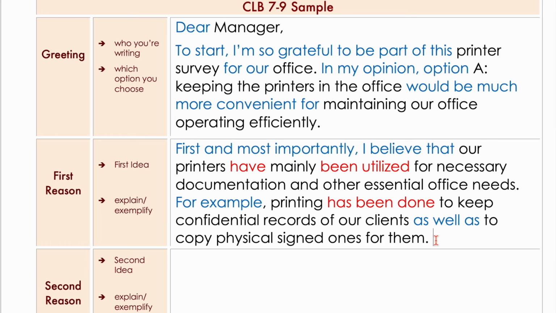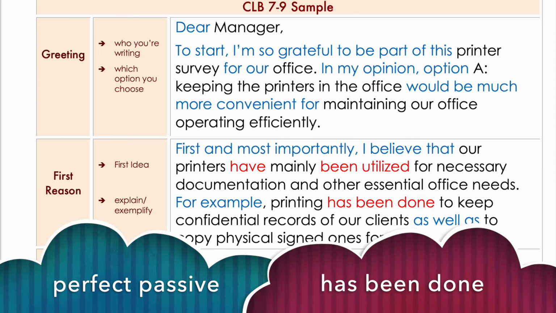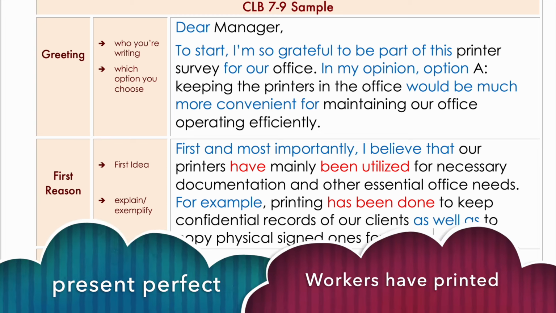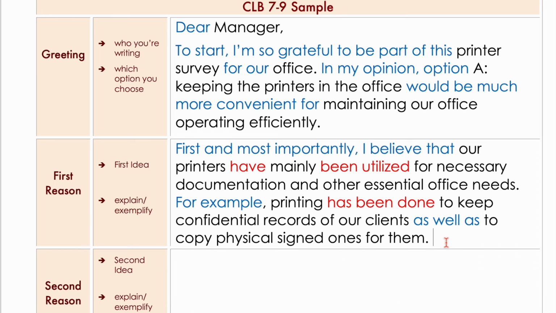And again, in here, we're using passive form, has been done. Okay. And printing has been done, not people have done or workers have printed. Okay. Or workers have been printing. That's active. But in here, we're just saying printing in general has been done. Okay. So you see how this example illustrates the necessary documentation and other essential office needs.